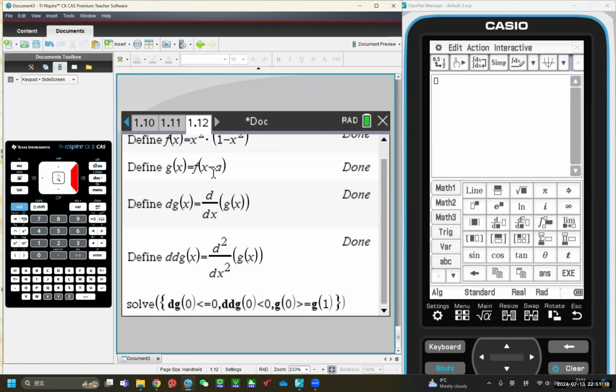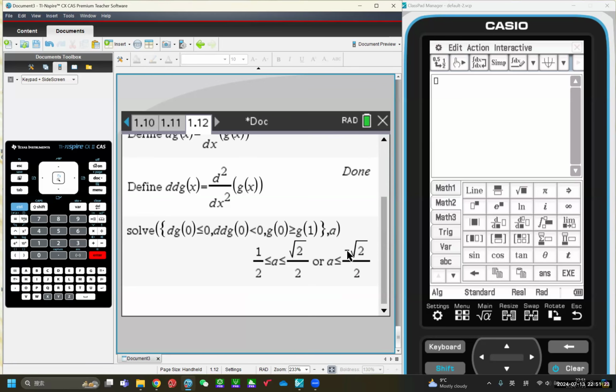And all I need to find is this a. So let's see. Okay, so a is between half and root 2 over 2, or a is less than or equal to minus root 2 over 2. So browsing through the options, I would choose option E.